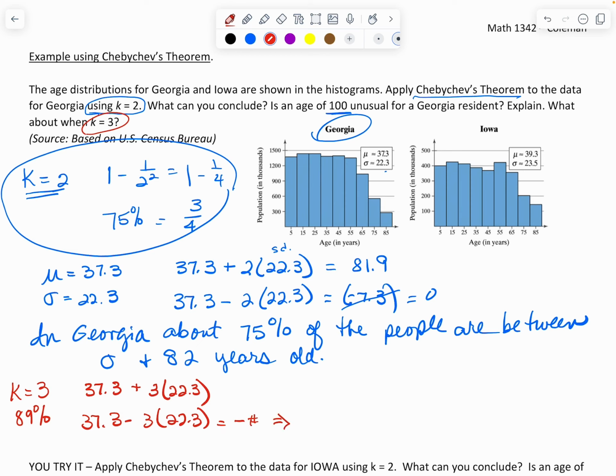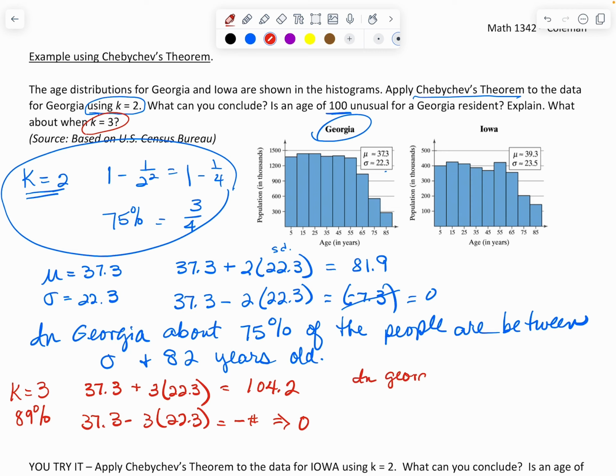We already know the second is going to give us a negative number, which translates to 0 since we're talking about ages. And then this other one, 37.3 plus 3 times 22.3, using your calculator, gives me 104.2. That's an old person, 104.2.